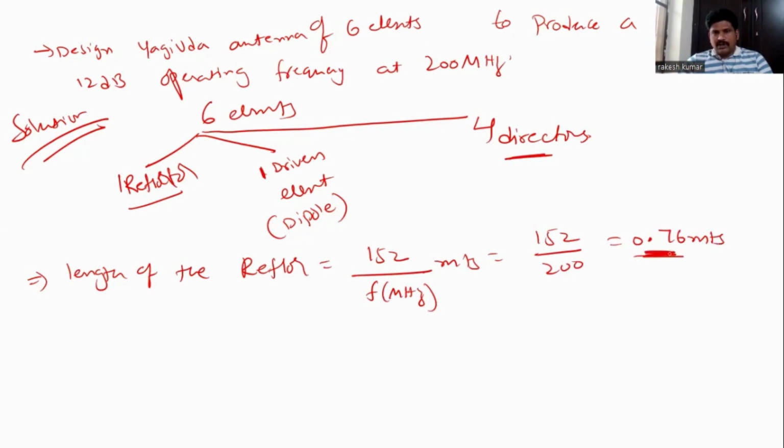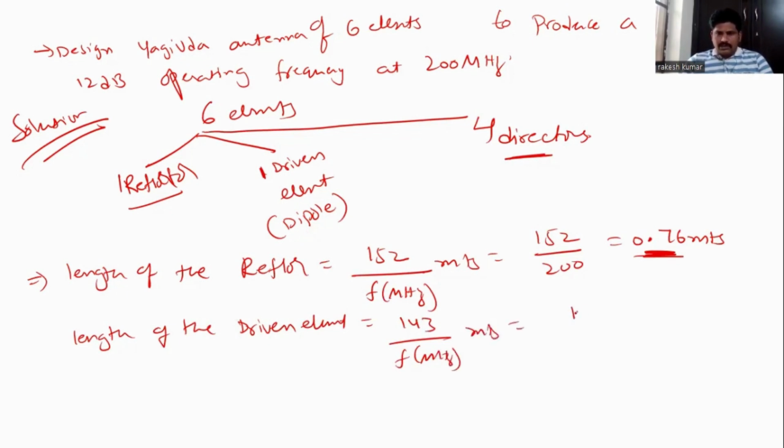So the length of the reflector is 0.76 meters. Next, length of the driven element. What is the formula? 143 by F in megahertz, in meters, that is 143 by 200, that is 0.715 meters.